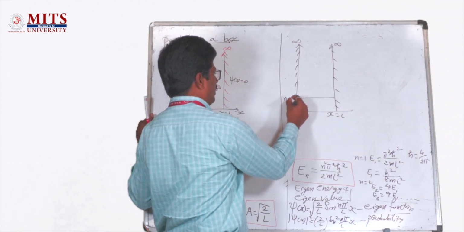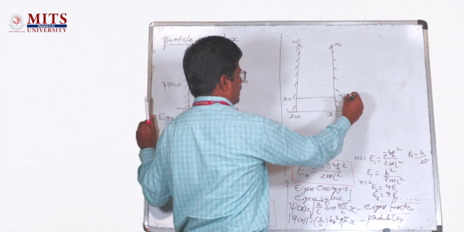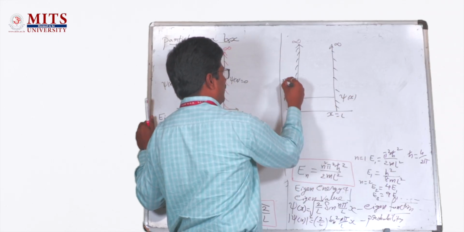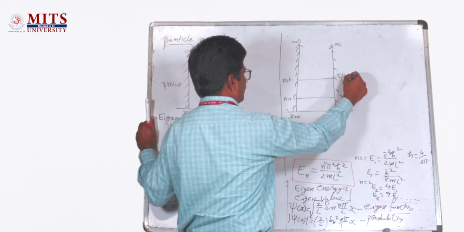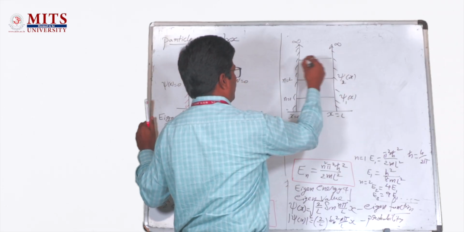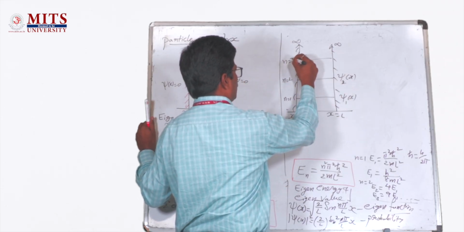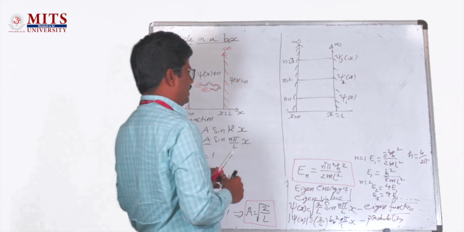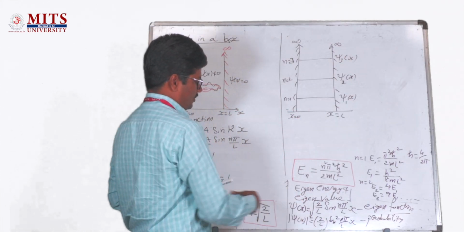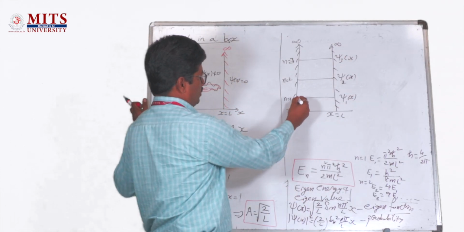Suppose you take n equal to 1 and draw psi 1 of x, and take n equal to 2 and draw psi 2 of x, n equal to 3, psi 3 of x. So what is happening here? You take this equation, sine 0 is 0.